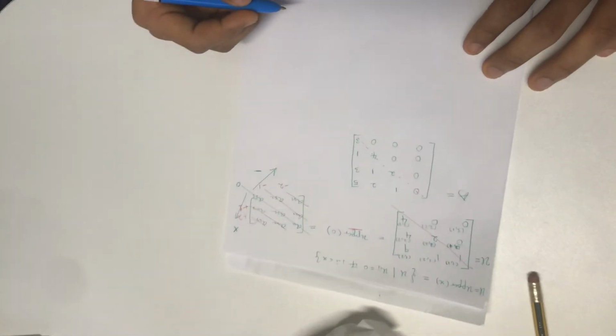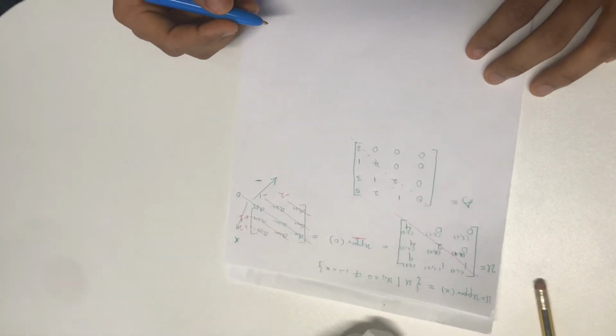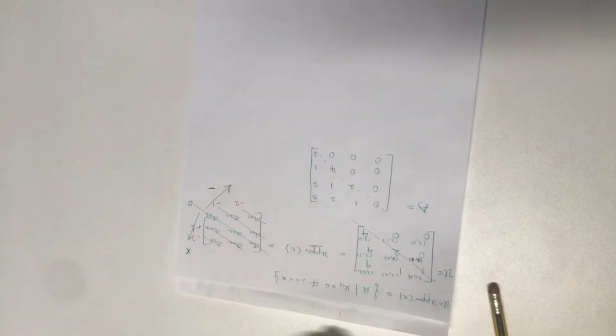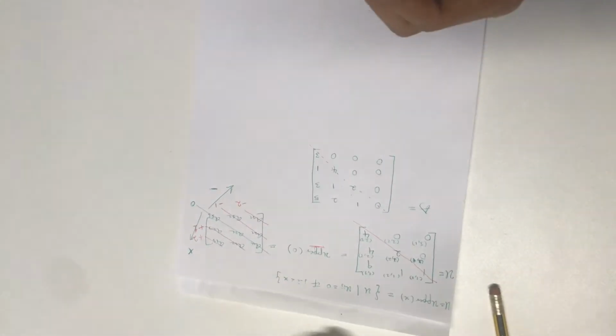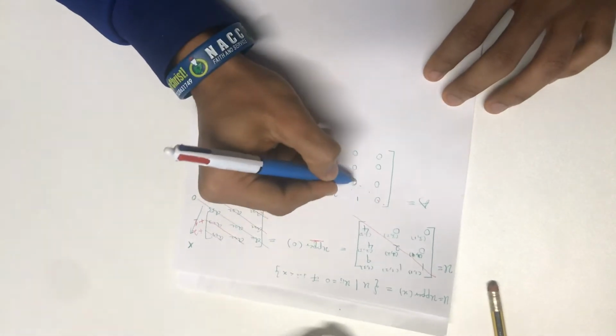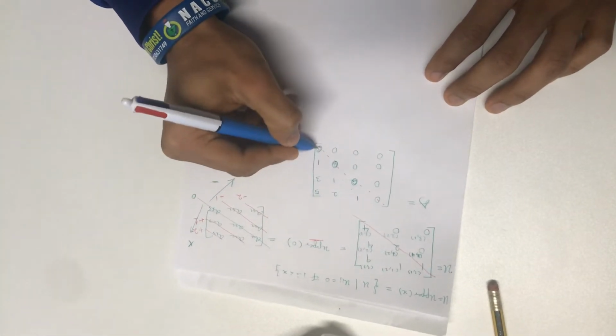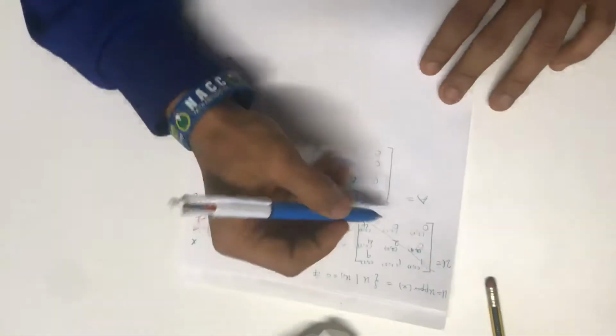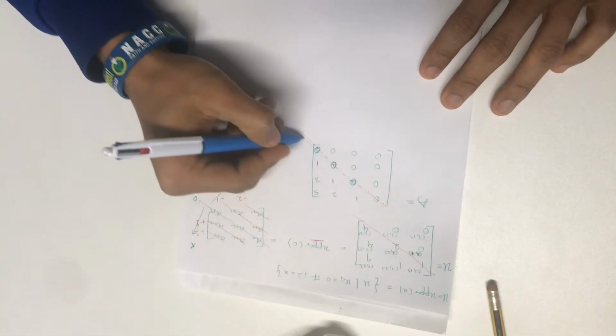Let me correct this. So now, if you notice, this is the major diagonal. Like the first guy, and chase him down.